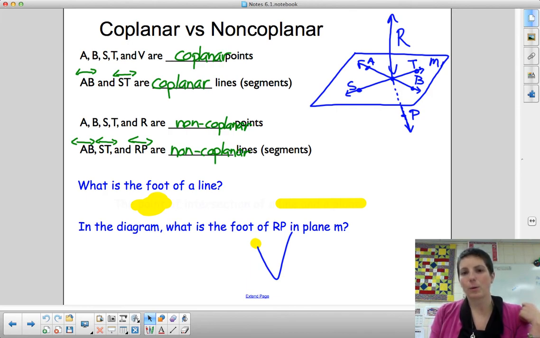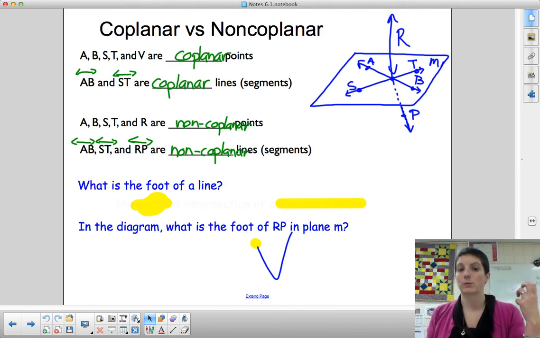So this point V is the foot of RP in plane M. That idea is more about being able to read it than necessarily being able to use the word foot on a test or a quiz. Obviously, if you're asking me a question about a problem, you should say the word foot as we need it.